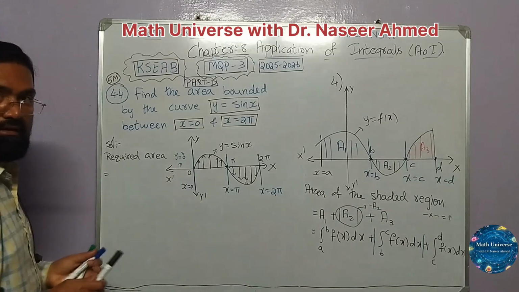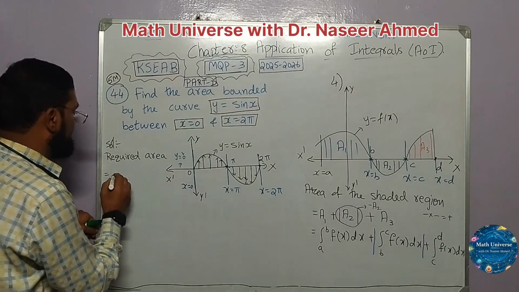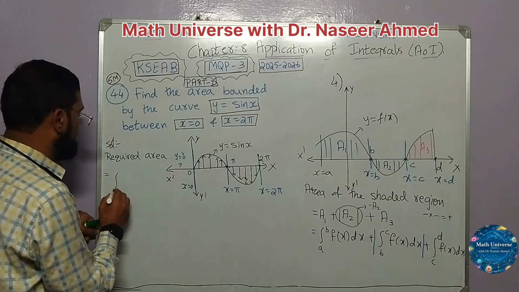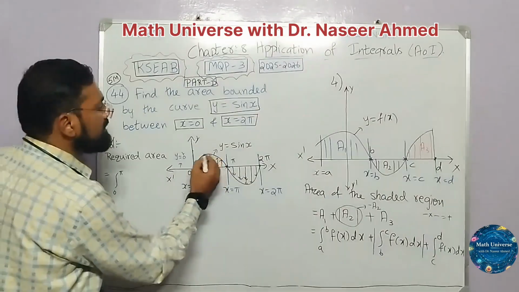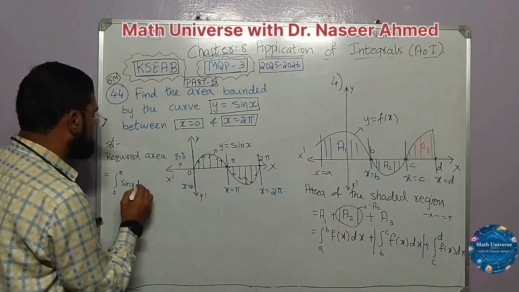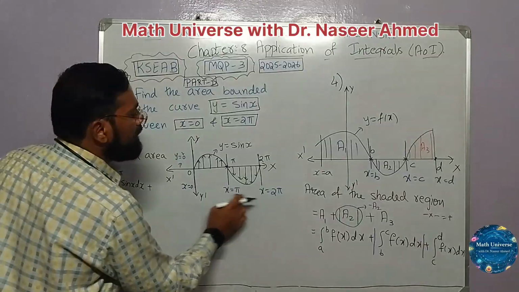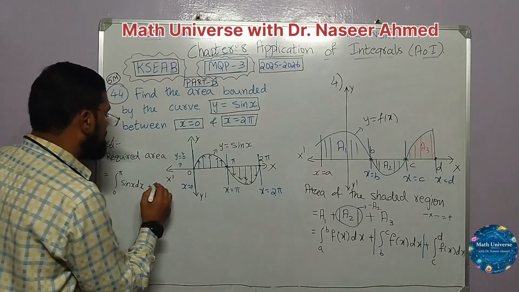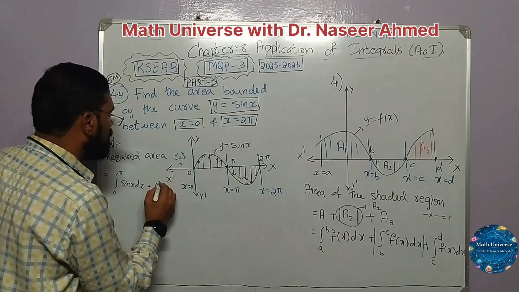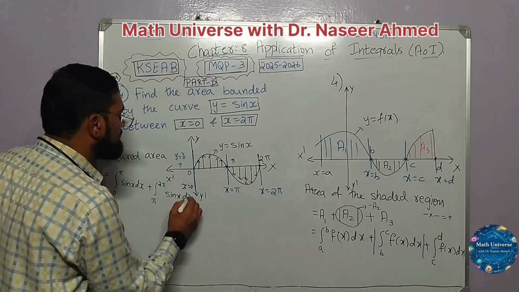Just see carefully. Now it is integration from where to where? 0 to pi, and this curve is given by sin x dx with respect to x. Then plus, from pi to 2 pi, this particular area. So it is pi to 2 pi of sin x dx.